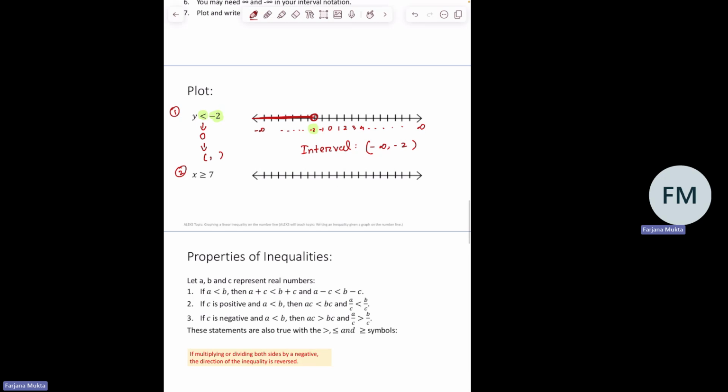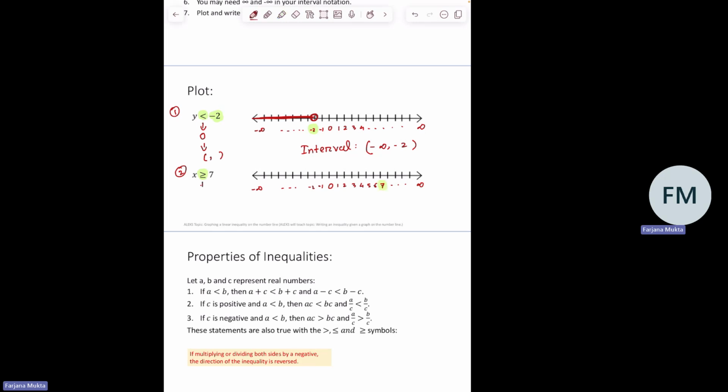The second one, we have x greater than or equal to 7. So let's write some numbers first. 1, 2, 3, 4, 5, 6, 7 up to infinity. -1, -2 up to negative infinity. We have our 7 here.